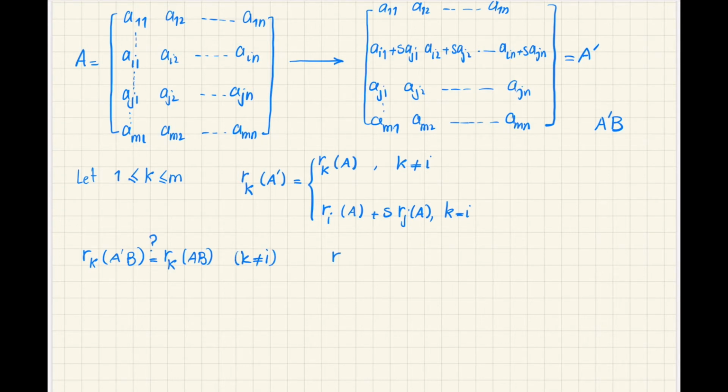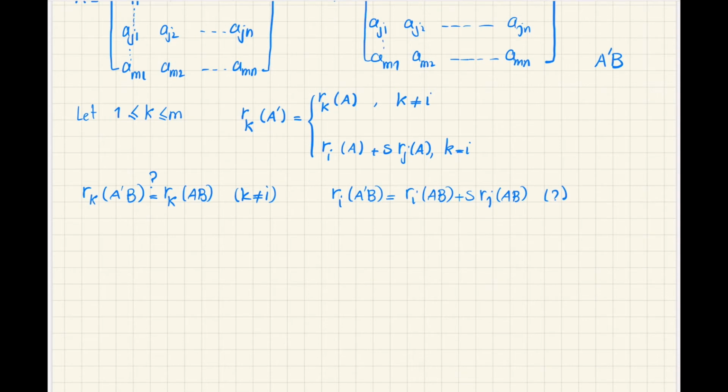Another thing that I want to show is that the ith row of this matrix is equal to the ith row of AB plus s times the jth row of AB. This is also what I want to show. Okay, but they are very simple.